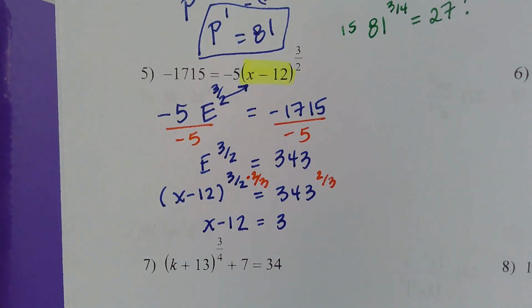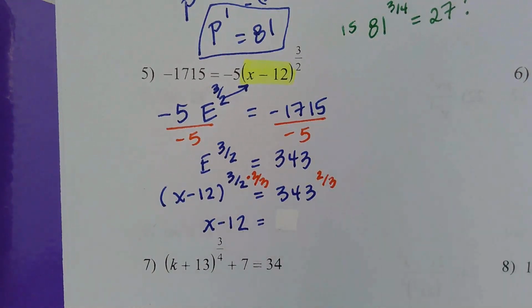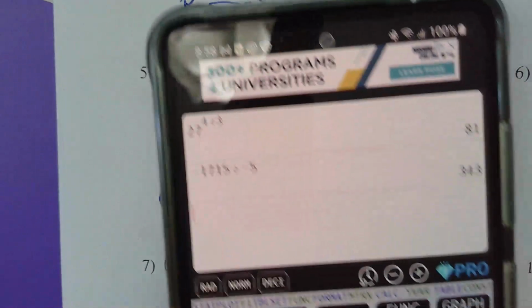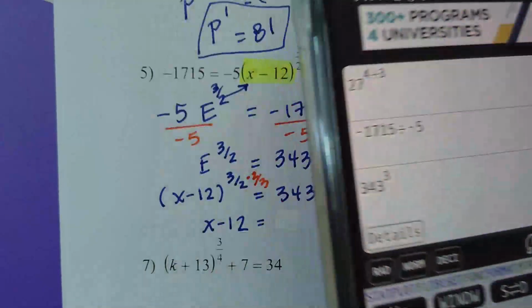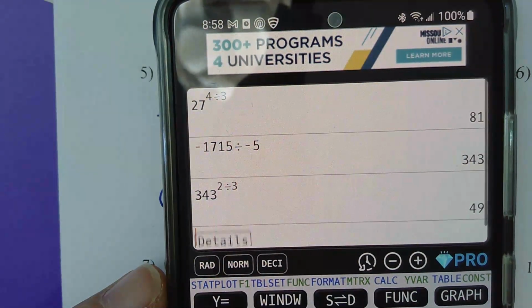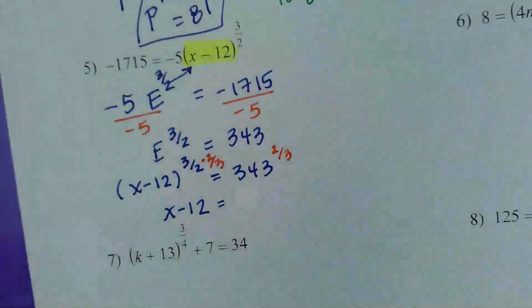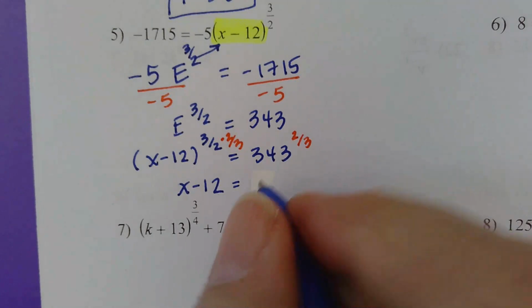I need to put 343 in the calculator. I'll have to do cube root 1/3 and then square that. Or I can put it in the calculator. 343 to the two-thirds power. I get 49. So x minus 12 is 49.